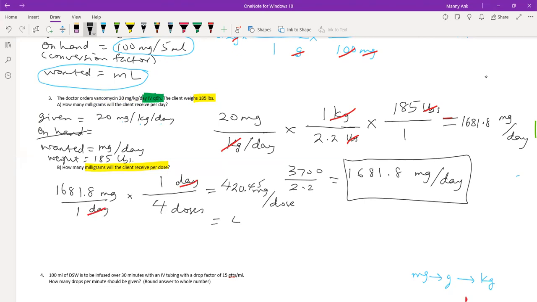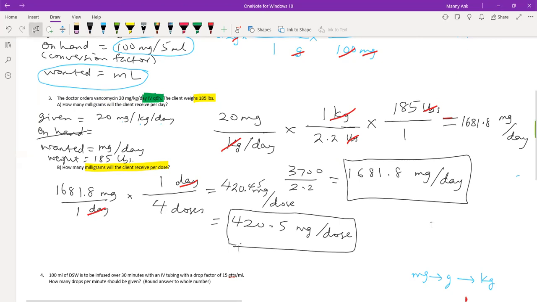If you round to one decimal place, it's 420.5 milligrams per dose. Okay. So that's how you apply dimensional analysis to work out this type of problem.